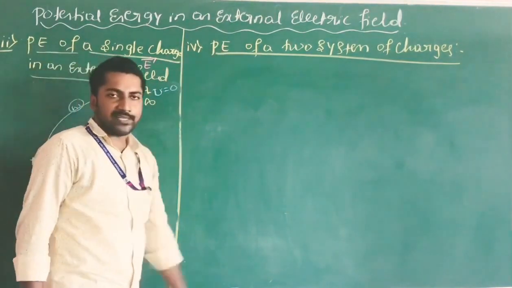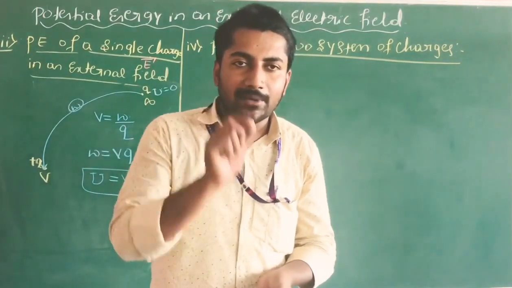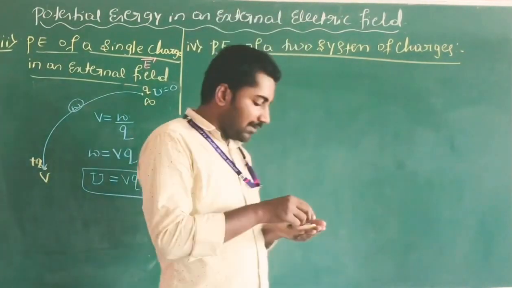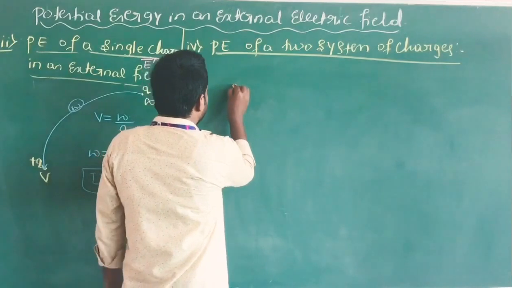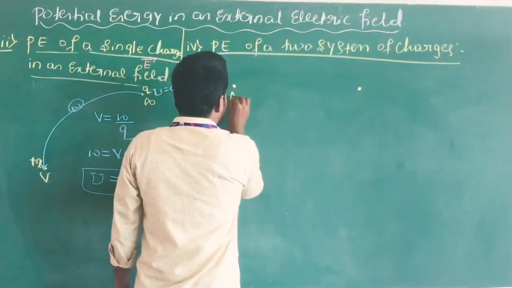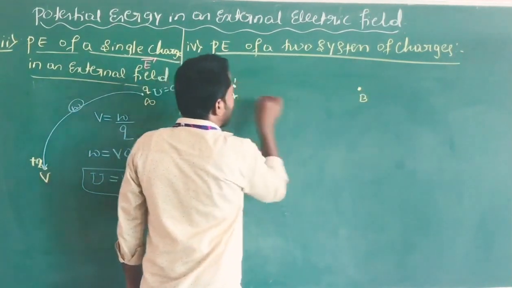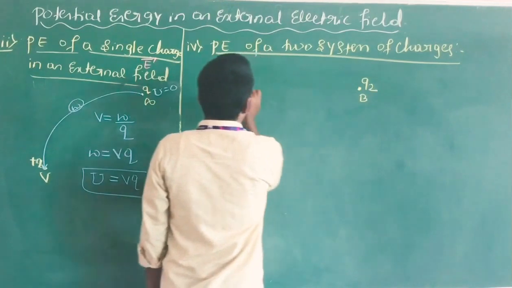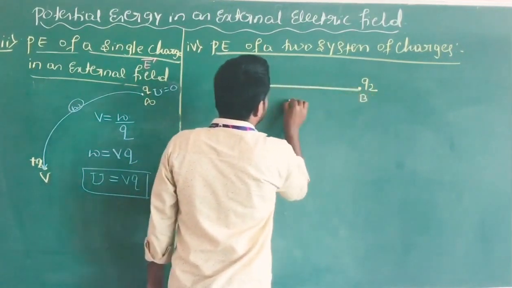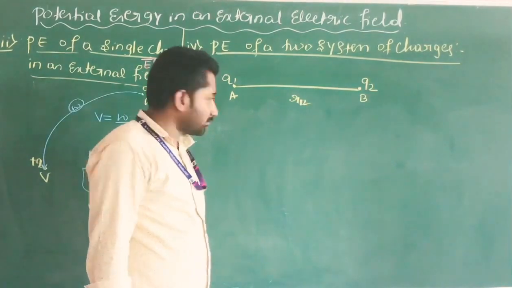The next concept is potential energy of the system of 2-point charges in the presence of external electric field. Now I consider 2-point charges A and B. At these points, Q1 and Q2 are the 2-point charges, separated by distance R12.